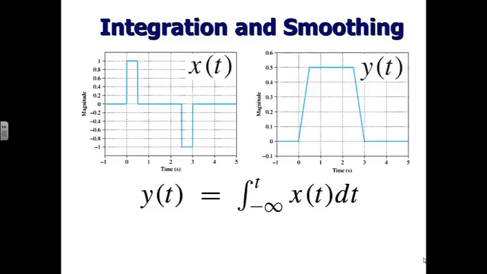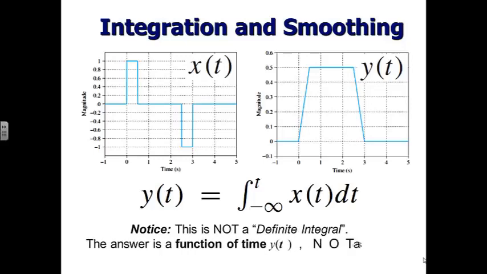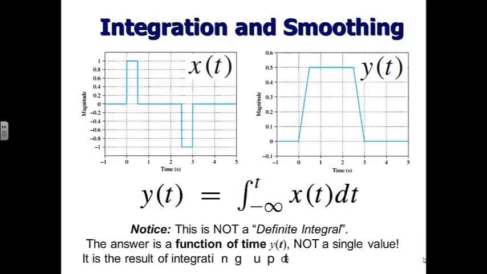For example, shown here is a time integral, the integral from minus infinity to t of x of t. Now, again, this is not a definite integral, meaning there's not a single numeric answer for this. The result of this integration is a function of time, that upper limit of integration being t, meaning when we evaluate the integral, we'll have a function of t when we're done.